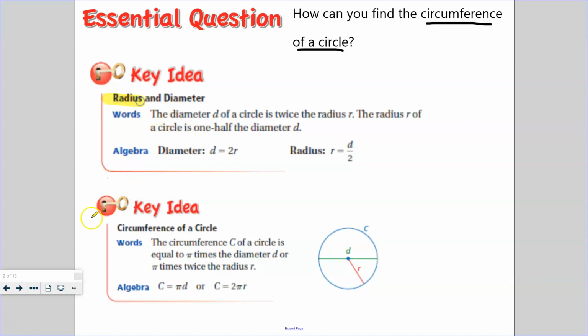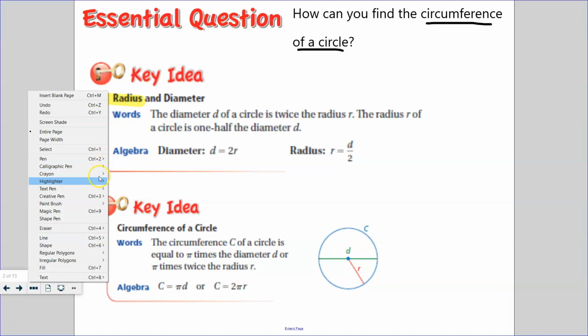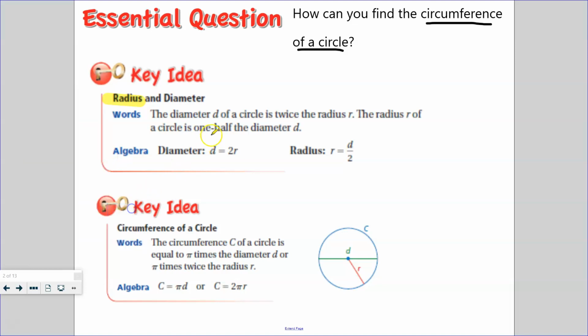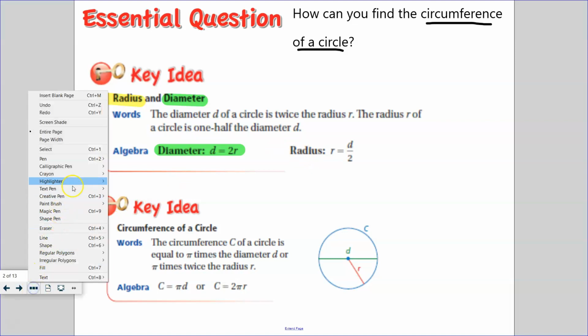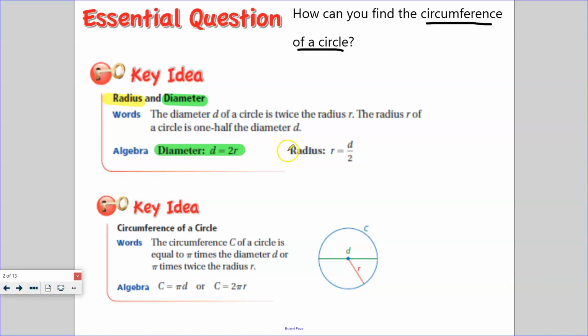And then we have another one that is diameter. Now, the diameter has a formula of diameter, d, equals 2 times the radius, r, right? And then we have radius, which is radius, r, equals the diameter divided by 2.